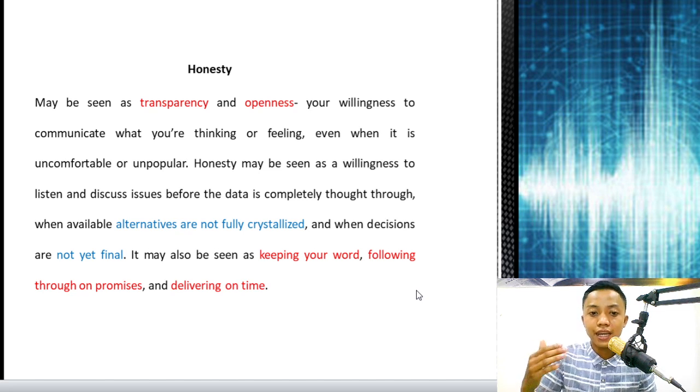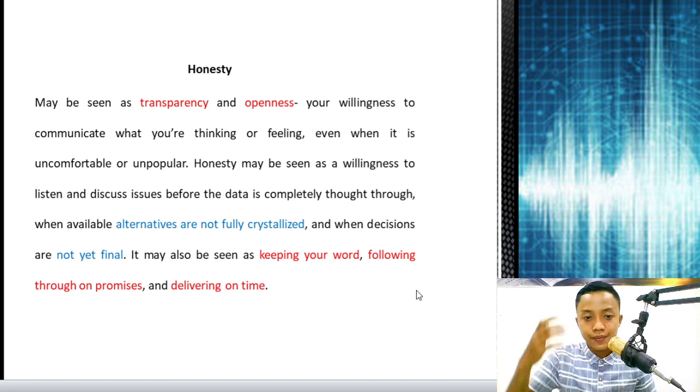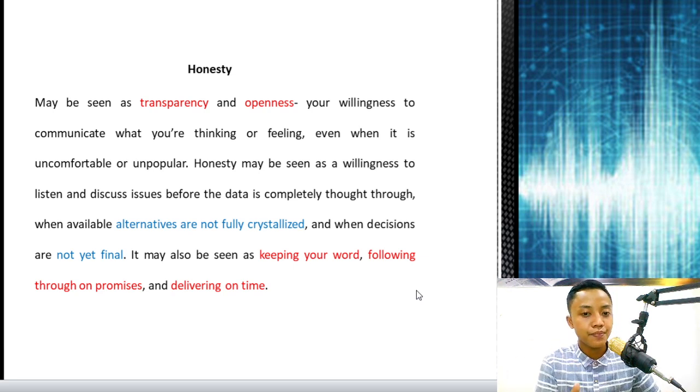Kinakailangan po talaga first ay yung issue, hahanapan natin ng paraan para yung mga bagay na hindi natin naintindihan ay ma-crystallize.